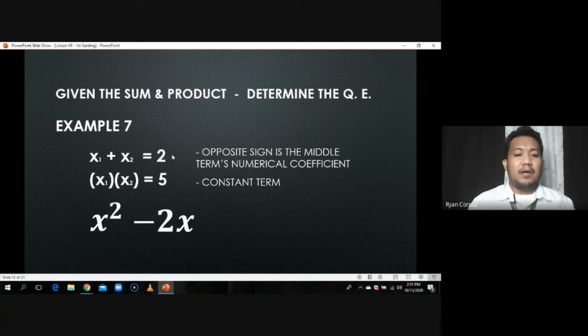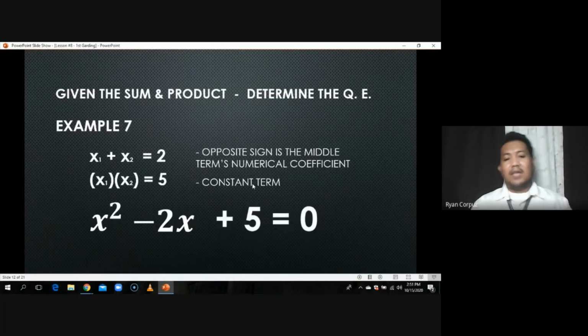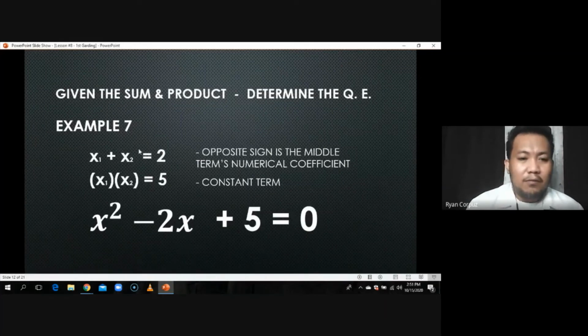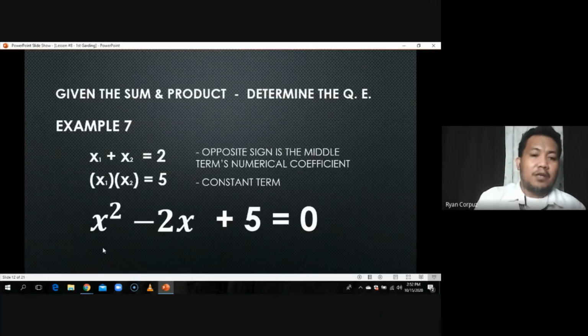That will be the linear term. Then the product will form the constant term. So that would be 5. Then equate it to 0. So, for number 7, from the given sum of 2 and product of 5, we can determine the quadratic equation x squared minus 2x plus 5 is equal to 0.